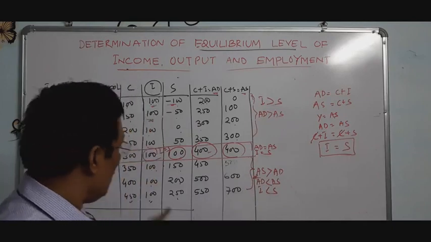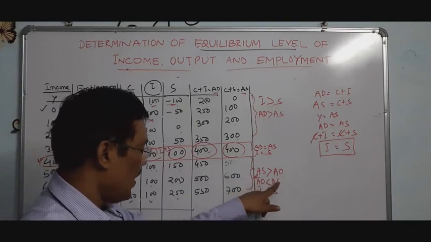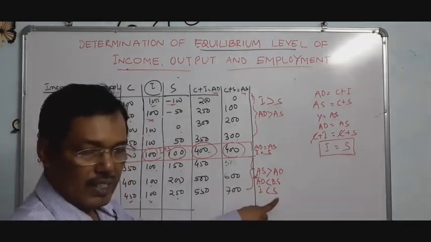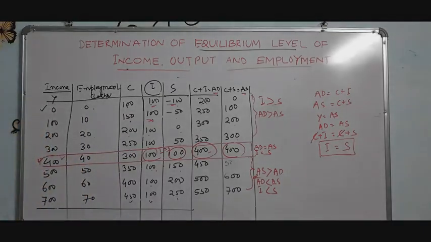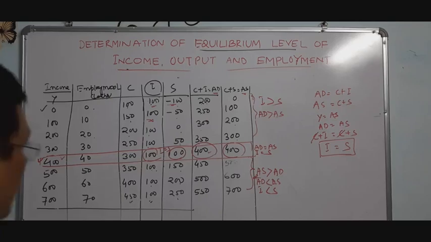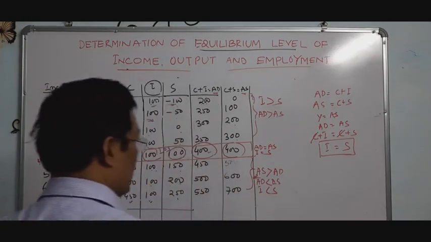And after that 400 level of income, AD is less than AS, or investment is less than S. So this table indicates the equilibrium position where I equals S and AD equals AS. Before that, I is greater than S, AD is greater than AS. And after the 400 level of income, I is less than S, AD is less than AS.